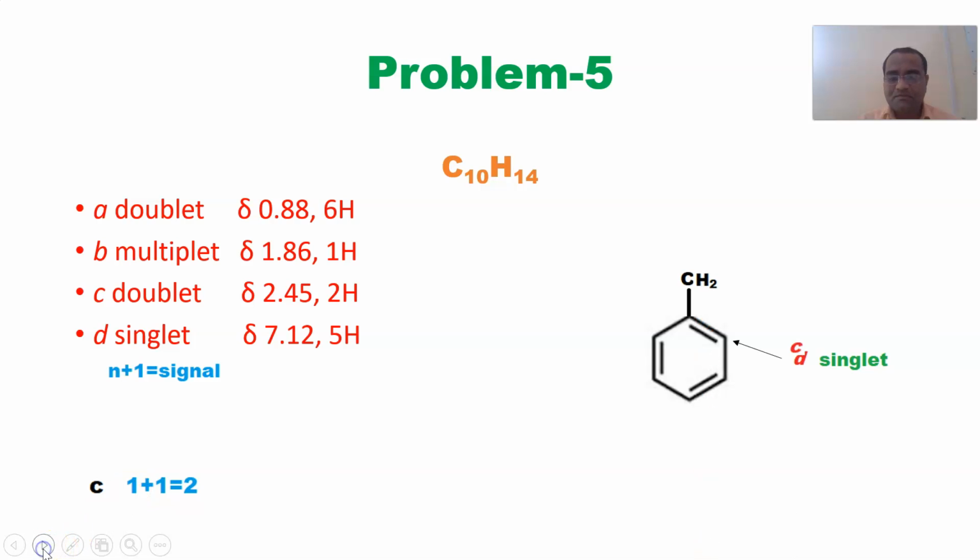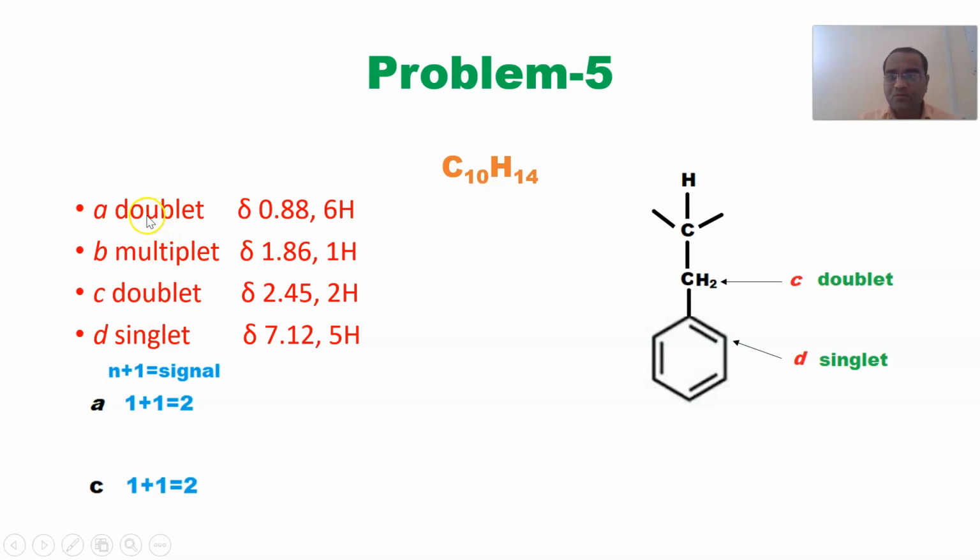Now we'll place this CH2 because here it has 2 hydrogens, and now we'll draw the doublet. This doublet is giving a doublet because the adjacent carbon atom has only 1 hydrogen. See, the carbon now has 4 bonds, right? So we will draw all these bonds.